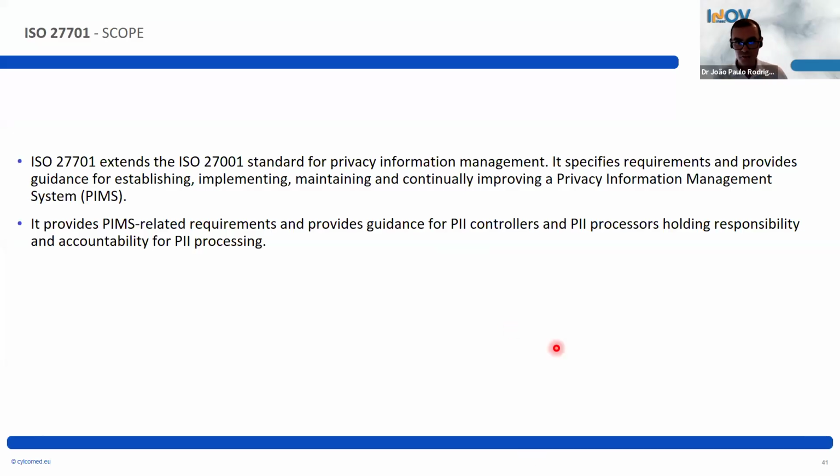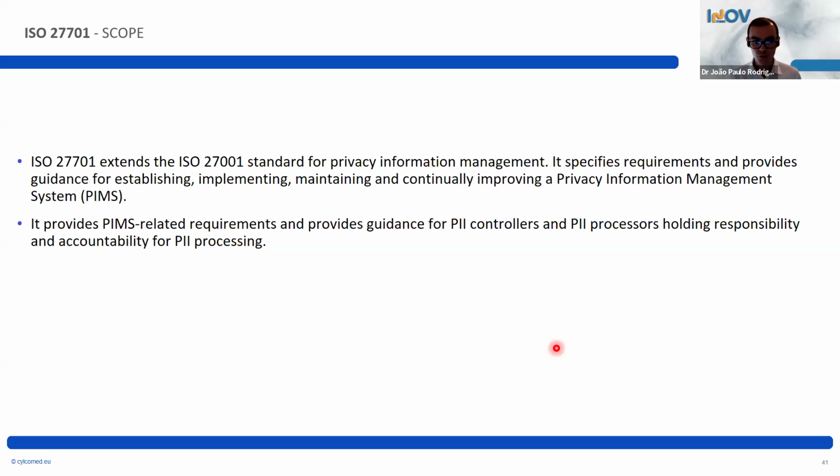ISO 27701 is a standard that extends the ISO 27001 standard for privacy information management. It specifies requirements and provides guidance for establishing, implementing, maintaining, and continually improving a privacy information management system, or PIMS. So it is an extension.